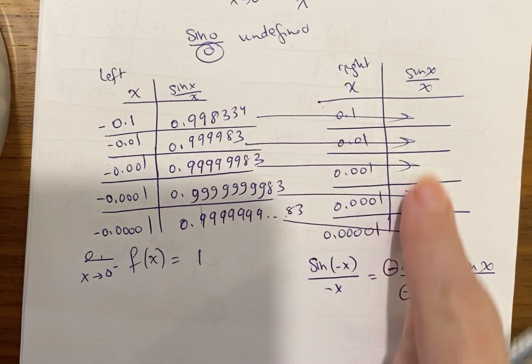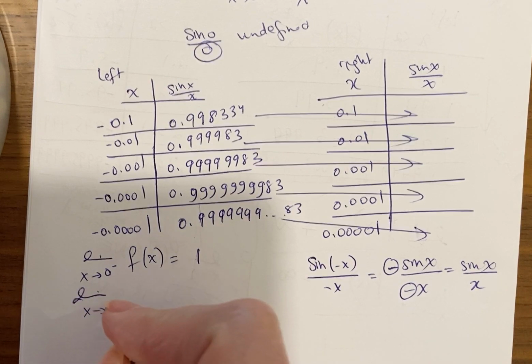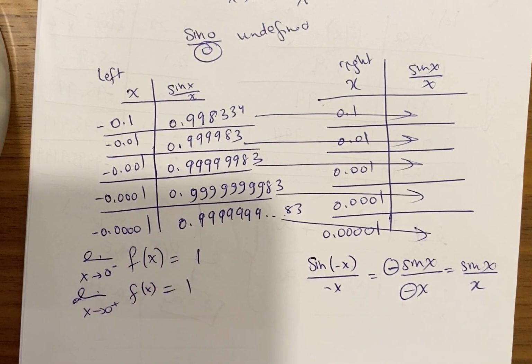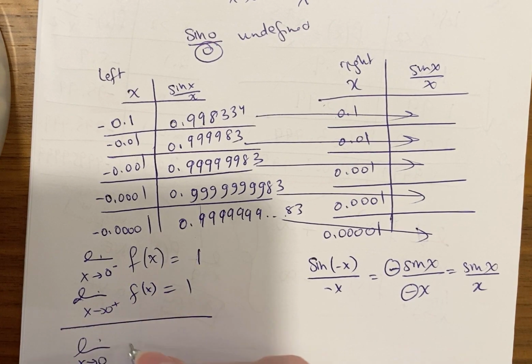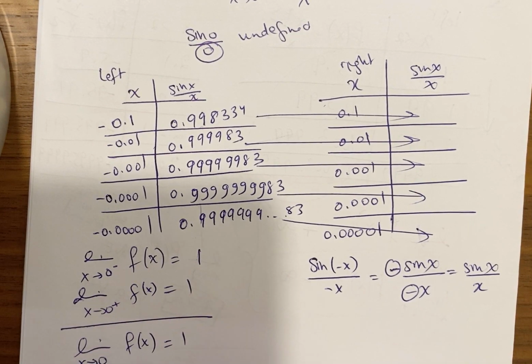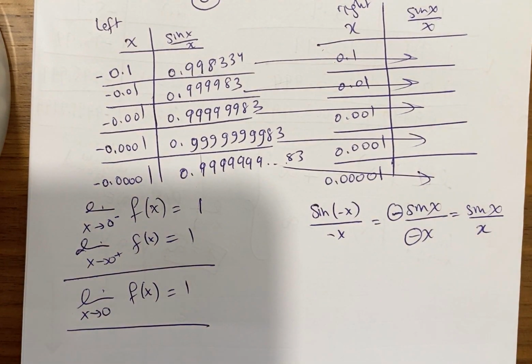So we'll get exactly the same answers in this table, which means that the limit from the right is again equal to 1. When the left and the right limits are equal to each other, we say the limit at 0 in general is equal to 1. This is another example of how to use graphs and tables in order to find limits for functions.